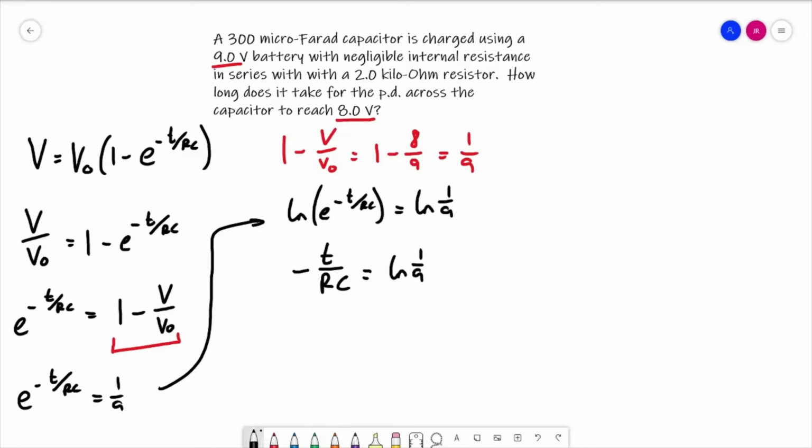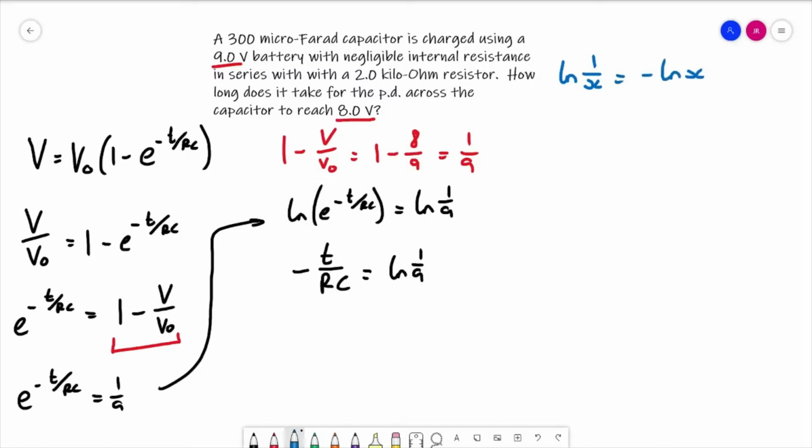Now you could work this through, you could then multiply both sides by RC and work it through, but I'm actually going to use a little trick here, which some of you may or may not know. If you have natural log of 1 over any number, that's just equal to the negative of natural log of the number itself.